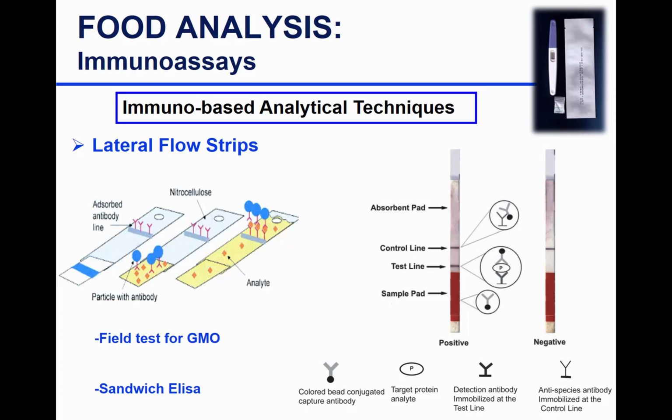So you immerse the strip, and the first portion of the strip here, this blue place here, you have antibodies that are specific and labeled with a color. And then, if you have the antigen, say you have the protein in the urine that is specific for pregnancy, this will bind.